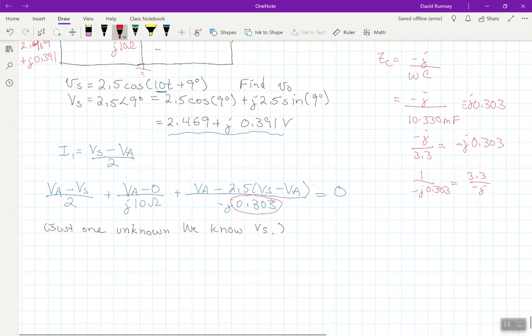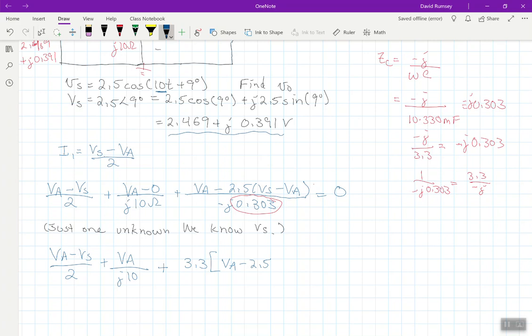So what I'm going to do is rewrite this line as Va minus Vs over 2 plus Va over j10 plus 3.3 times (Va minus 2.5 Vs minus Va) over minus j equals 0.